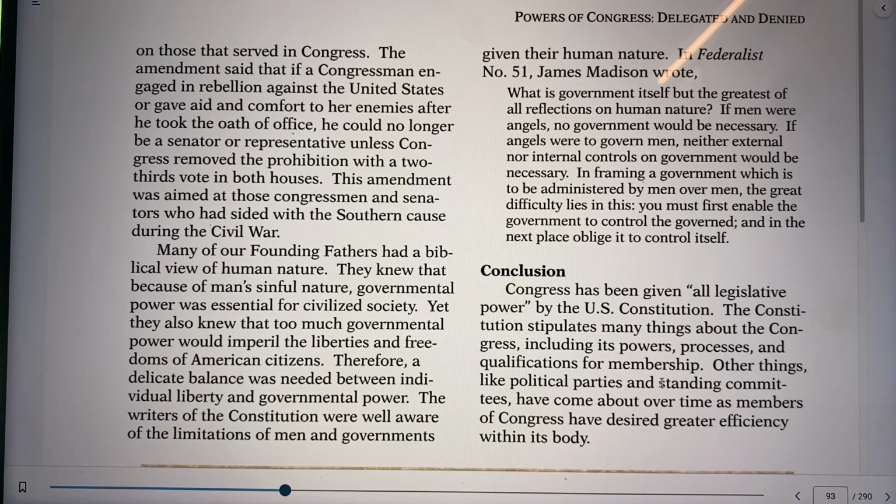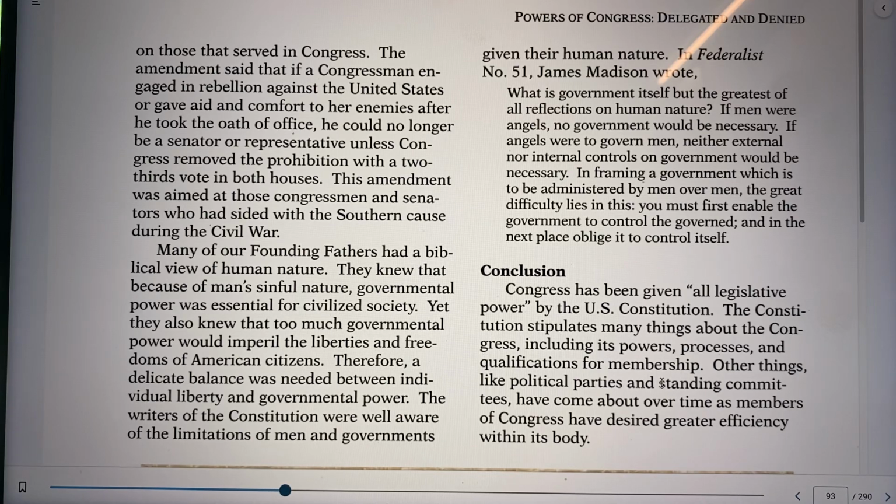I love that. He's saying, if men were angels, which they're not, we wouldn't have to have government. And if angels were governing men, then we wouldn't have to worry so much about control. But in government, that's not the way it is. Government is administered by men that are faulty.